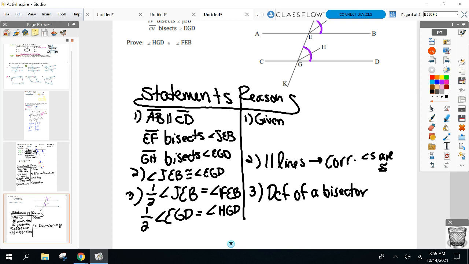All right, checklist ready. Do you have equal quantities you're going to take half of? Yeah. The corresponding angles. Did you take half of them? That's step 3. Now you're good to go. Now you can tell me those halves, FEB and HGD, are congruent. Halves of equal quantities are equal.